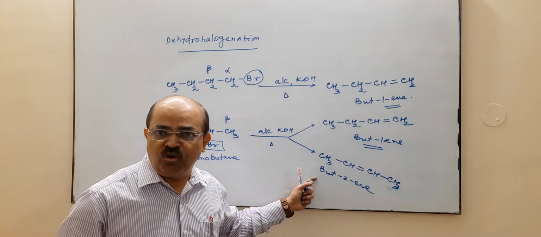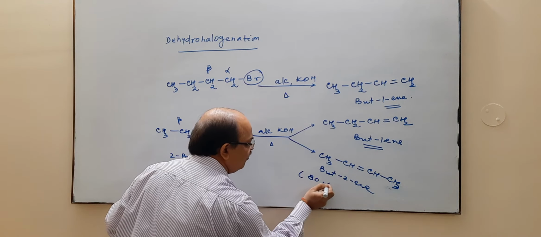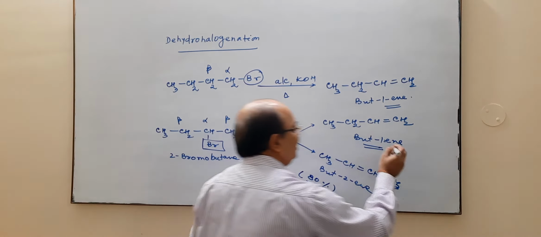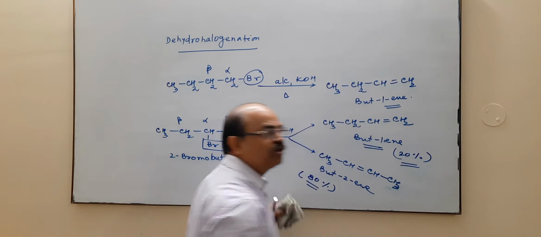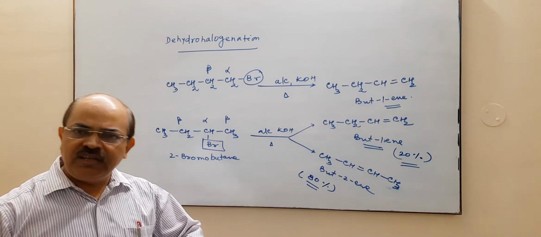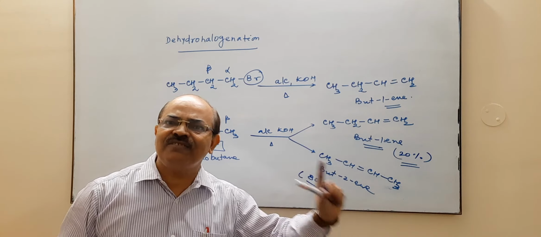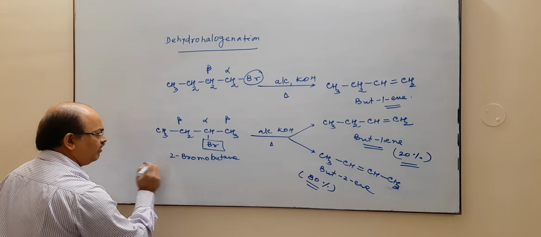The answer is no. For your information, the yield is about 80% of but-2-ene and about 20% of but-1-ene. The detail you will study in class 12, not in class 11.